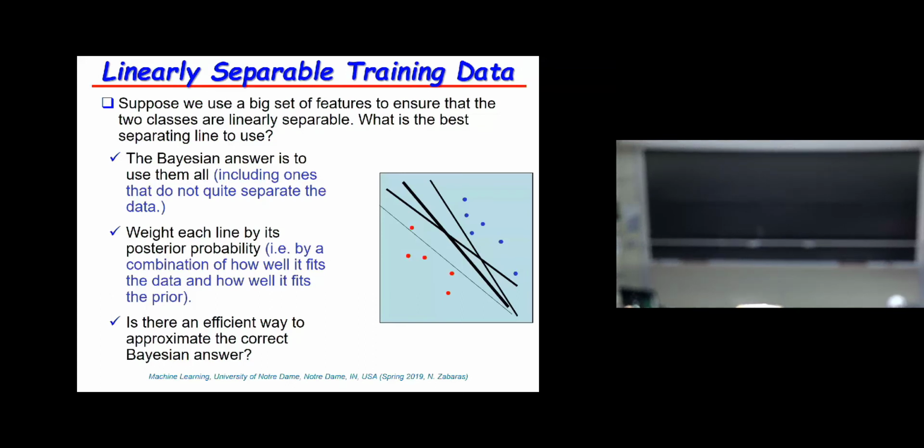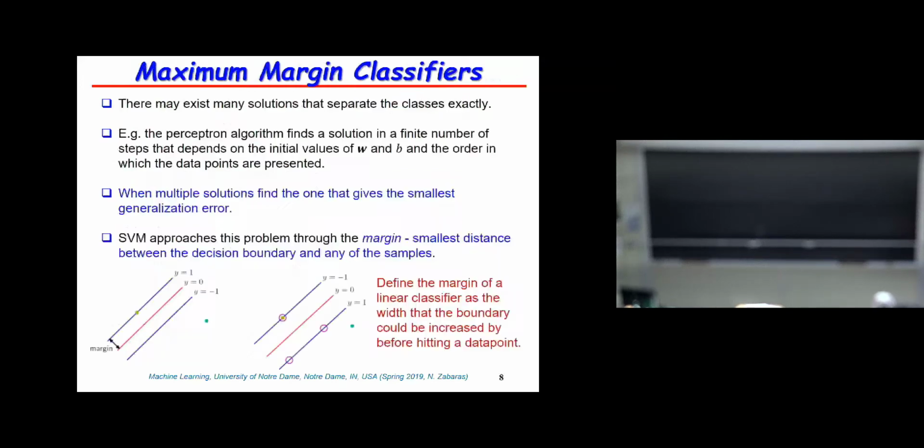In a probabilistic setting, which we discussed in earlier lectures, all of these things are acceptable solutions, and you may want to assign some probabilities and then compute a solution that is some weighted average of all of these possible hyperplanes. But certainly, we need to deal with the case that there may be more than one solution for this type of problem. So we need to introduce the concept called the maximum margin classifier.